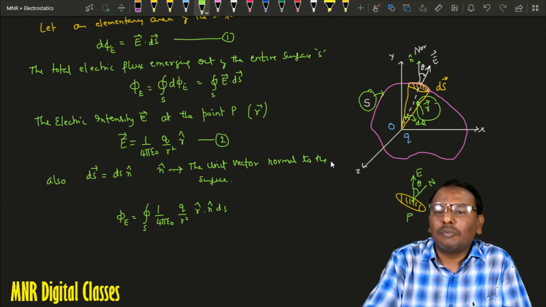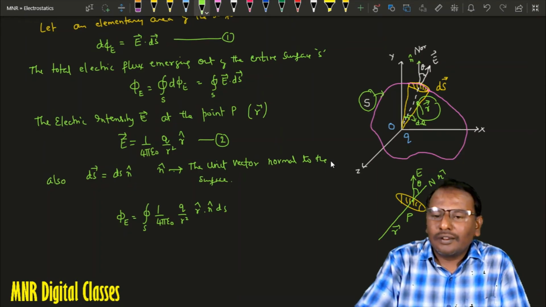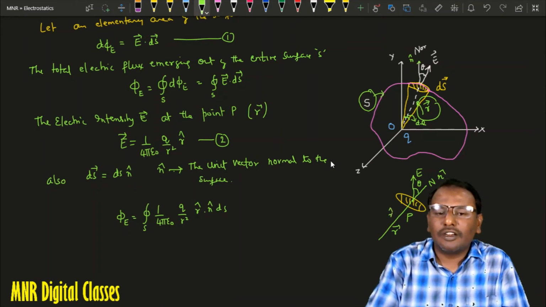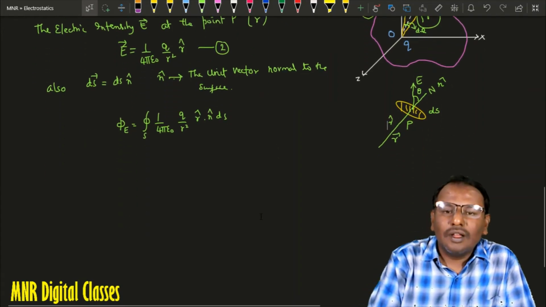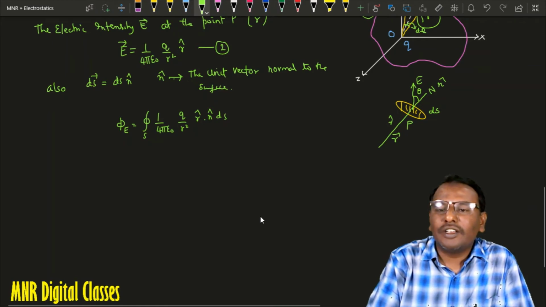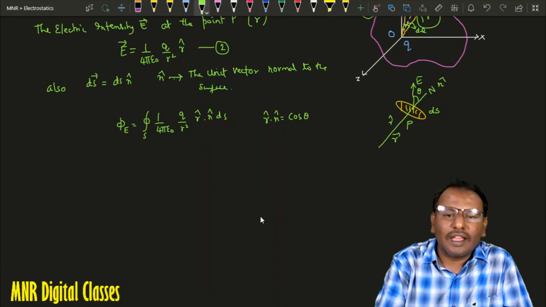Here r cap is the unit vector in the direction corresponding to the position vector r bar, and n cap is the unit vector corresponding to the normal drawn to the surface. This is n cap. If I consider the position vector r bar, the corresponding unit vector is represented by r cap. Now, the angle between the position vector and unit vector, r cap dot n cap, we can take it as cos theta.